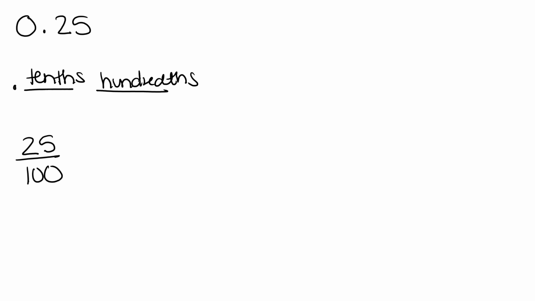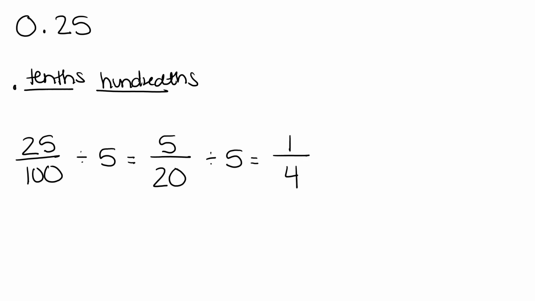And then in order to simplify it, we can divide both the numerator and the denominator by 5. 25 divided by 5 is 5. 100 divided by 5 is 20. We can simplify that fraction again by dividing both the numerator and the denominator by 5. 5 divided by 5 is 1. 20 divided by 5 is 4. 1/4 is our final simplified fraction.